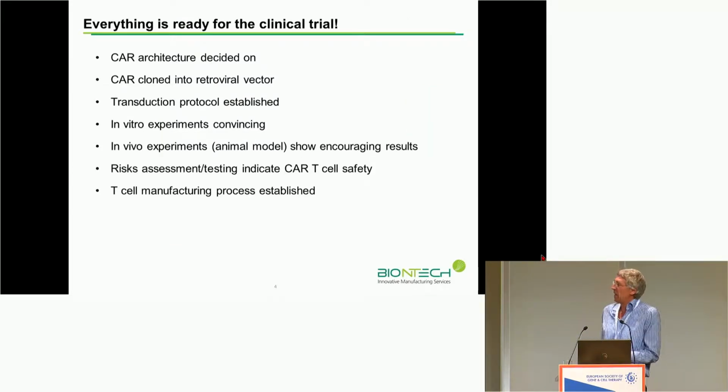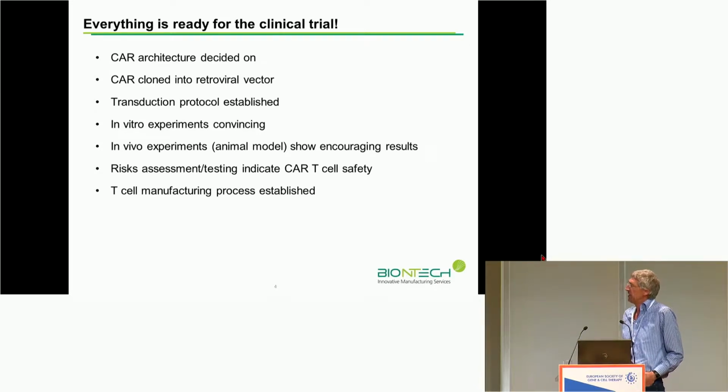At some point you come to the conclusion that you have your CAR architecture clarified. You know which co-stimulating domains you want, you have your scFv, everything looks fine, and you have it cloned into a retroviral or lentiviral vector. The transduction protocol is established, you get 30, 50, 60% transduction efficiency.